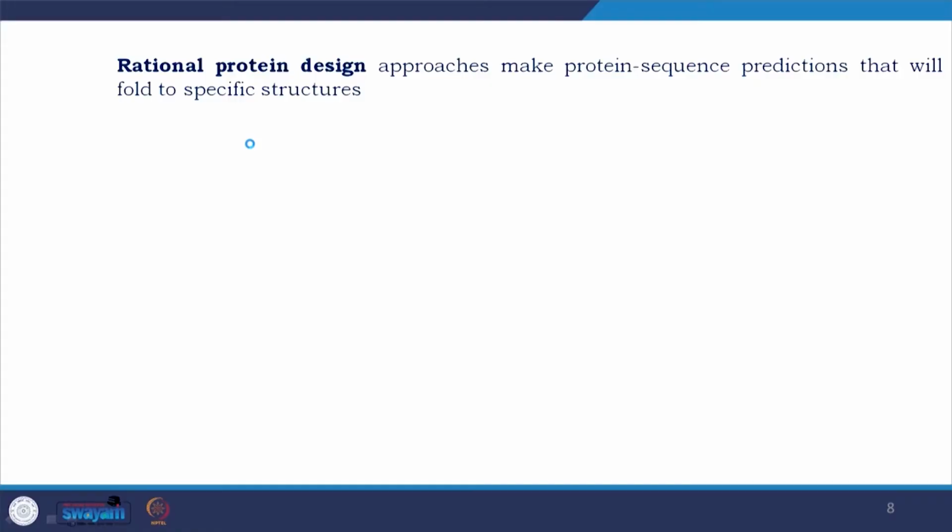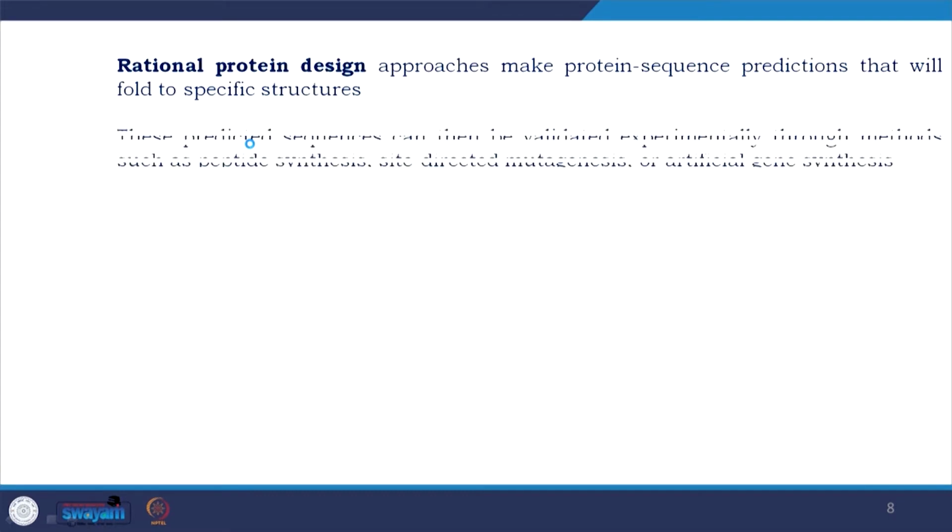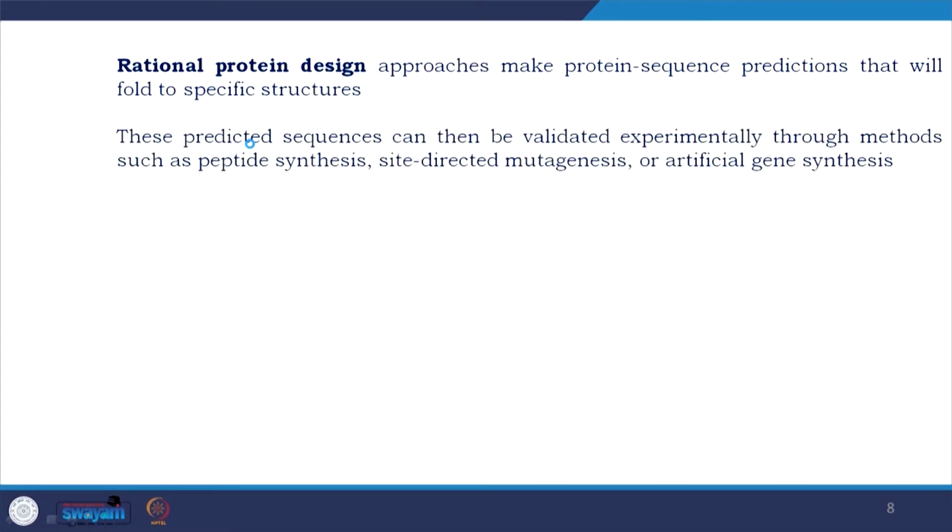So, rational protein designing approaches make protein sequence predictions that will fold to specific structures. These predicted sequences can then be validated experimentally through methods such as peptide synthesis, site directed mutagenesis or artificial gene synthesis.